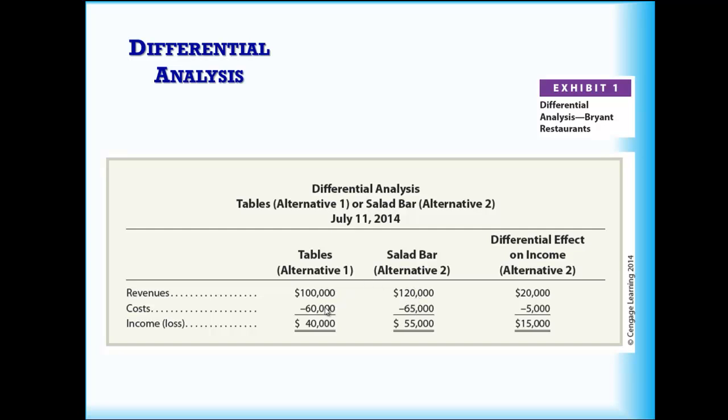The costs are going to be less with sticking with the tables, and it's going to be $5,000 more in order to have the salad bar, so there's a difference there. But in the end, we would be $15,000 better off to replace the tables with the salad bar, right? So that's the differential income down here at the bottom. This is the differential revenue, and these are the differential costs.